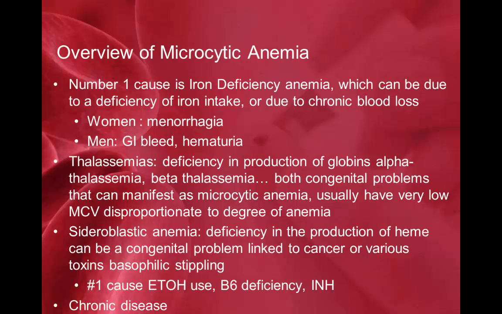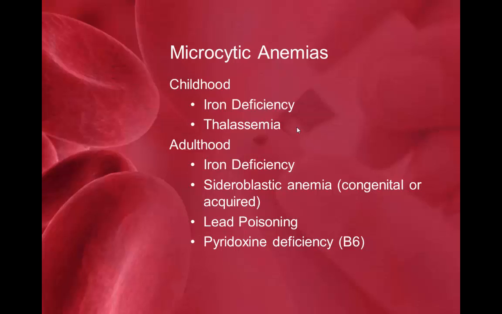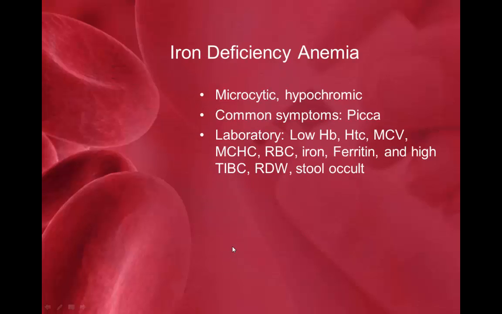Then we're going to discuss thalassemia and as well chronic blood loss. Okay. So for childhood, the most common are iron deficiency anemia and thalassemia, and for adulthood is iron deficiency anemia, sideroblastic, even though it could occur in childhood, as well as lead poisoning, and vitamin B6 deficiency, that is a cofactor for the iron to be absorbed.